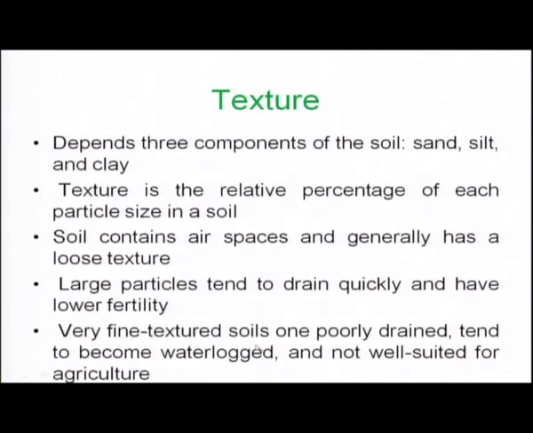Very fine texture soil, when poorly drained, tends to become waterlogged and is not well suited for agricultural purposes. If the soil is very fine, it will usually be rich in clay, and water drainage is very poor, leading to waterlogging in that area, which is also not suited for agriculture.